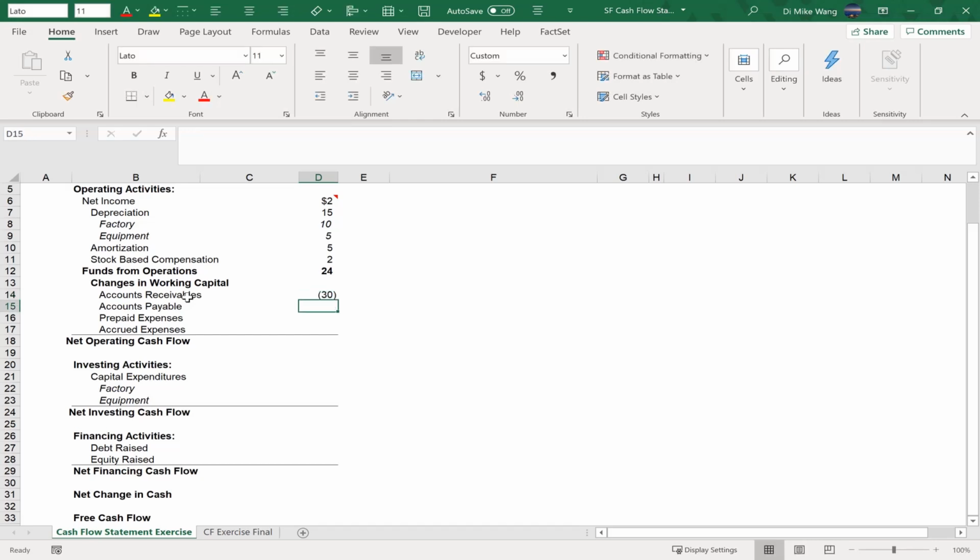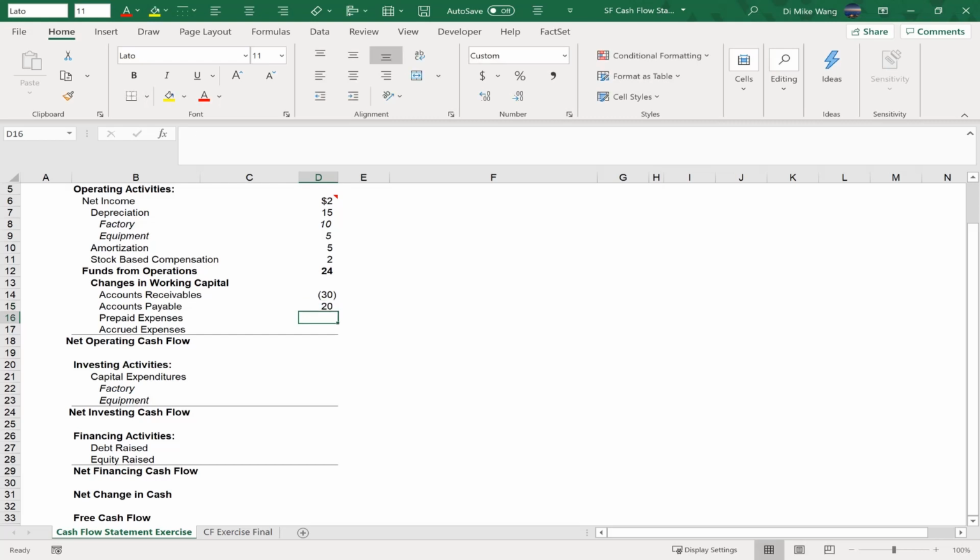For accounts payable, since we bought $50 worth of scales but only paid $30, that means we've accumulated $20 worth of accounts payables. As accounts payable is a liability and adding it means that we're withholding cash, this will be a positive number.